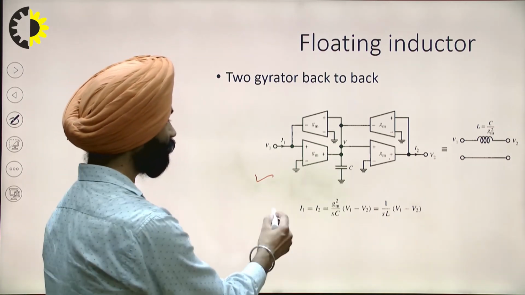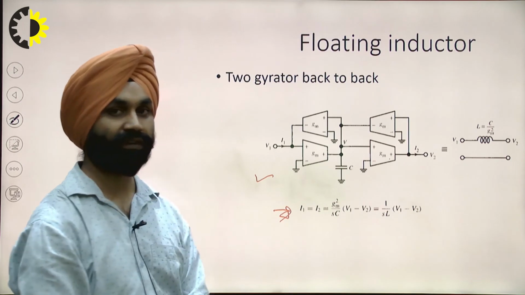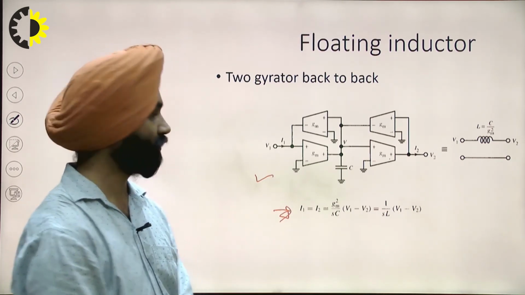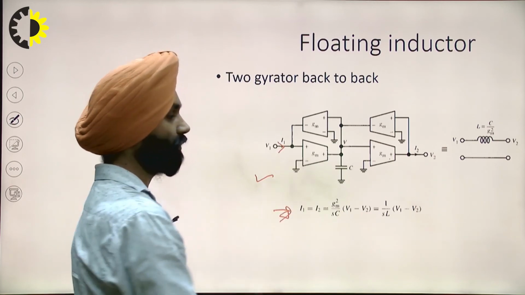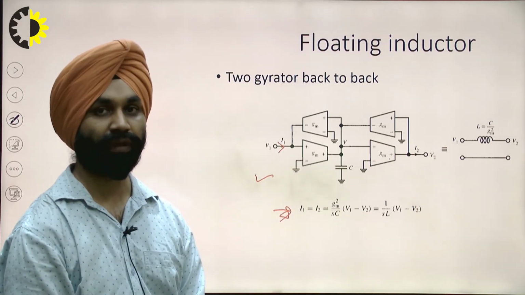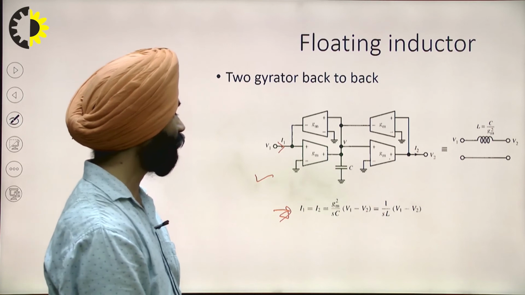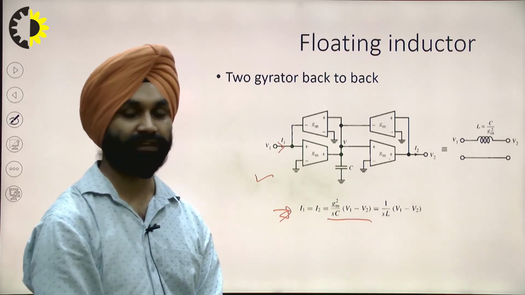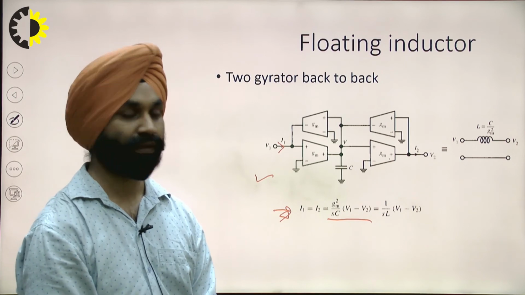The equation for this can be taken as I1 equal to I2, because the input current is given from the output, so the value is the same. So I1 is equal to I2, equal to GM squared SC into (V1 minus V2).